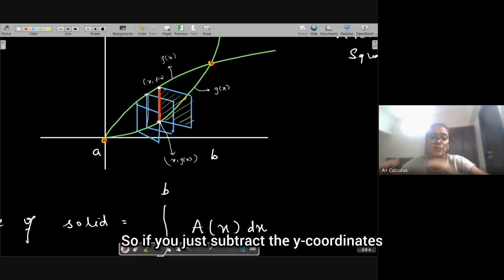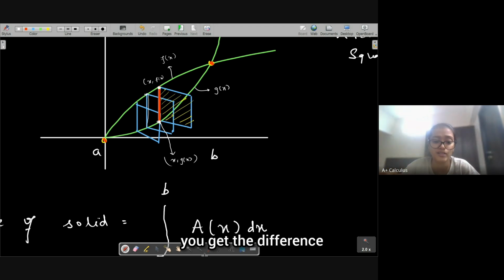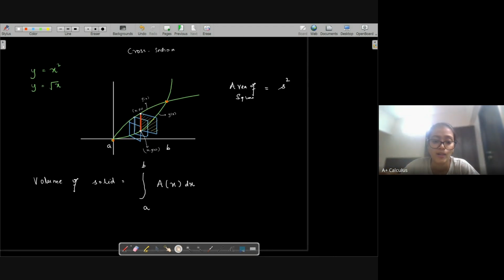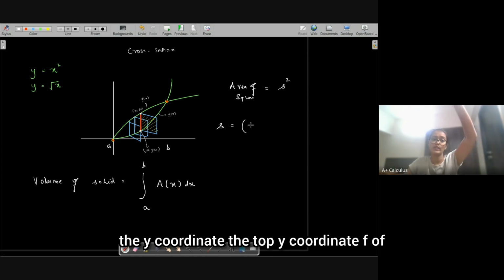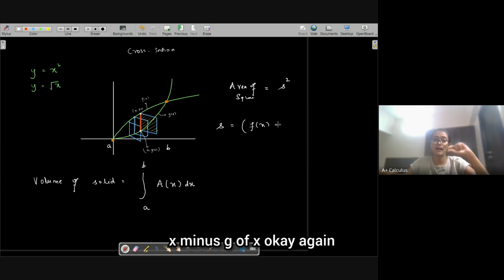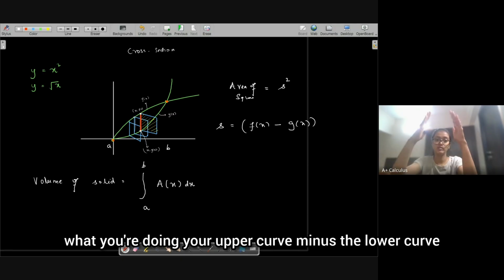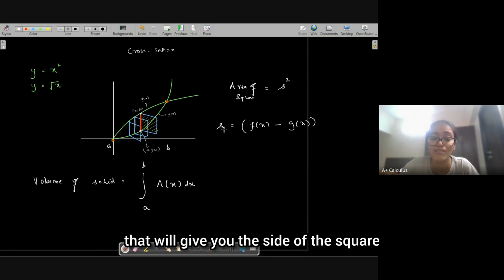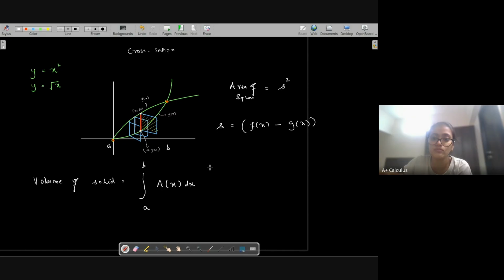So if you just subtract the y coordinates, you'll get the distance. So your side will be the top y coordinate, f of x minus g of x. Again, you're doing upper curve minus the lower curve. That will give you the side of the square.